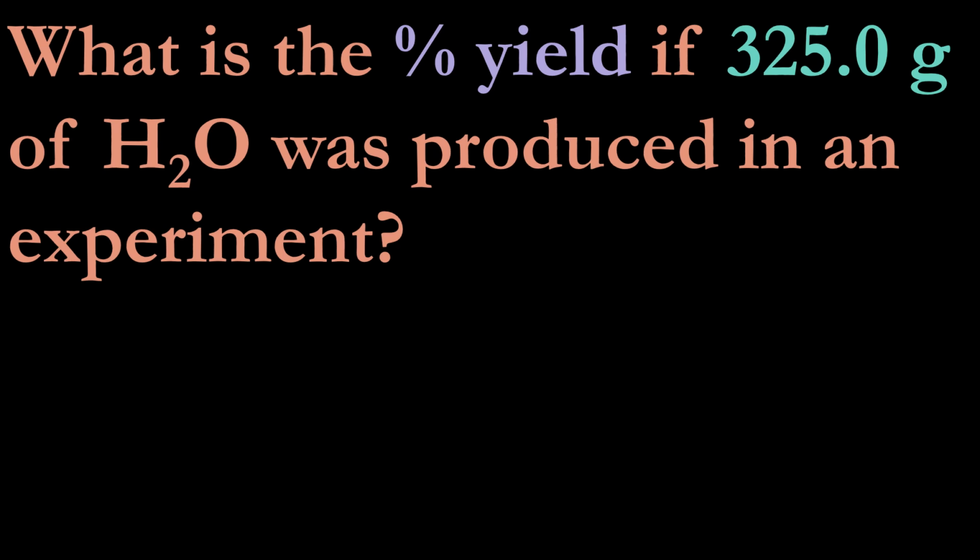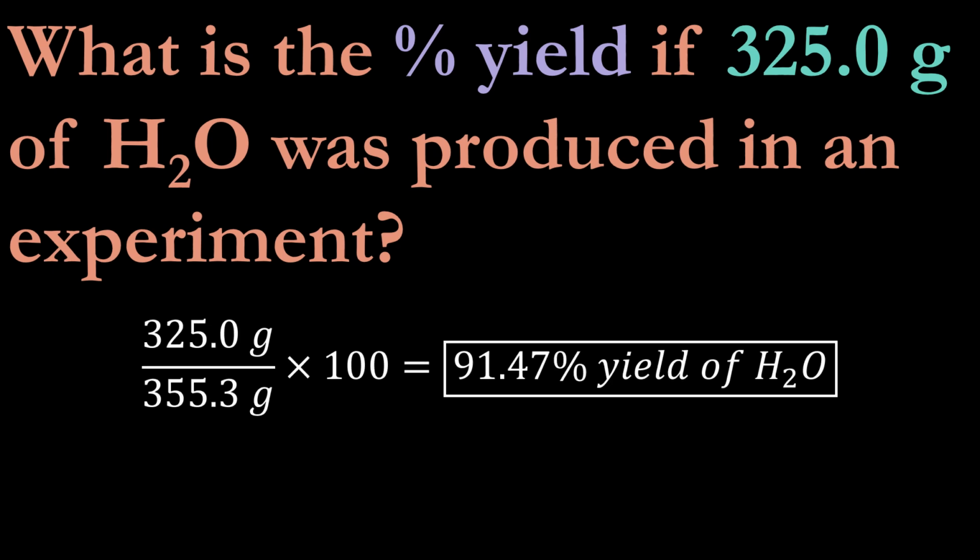In this problem, let's say you've gone into the lab and done an experiment and produced 325 grams of water, then what is your percent yield? Well, we'll take that as our experimental yield, so it goes on the top, 325, divided by our theoretical, 355.3, times 100, and we'll find that we have a 97.47% yield of water.